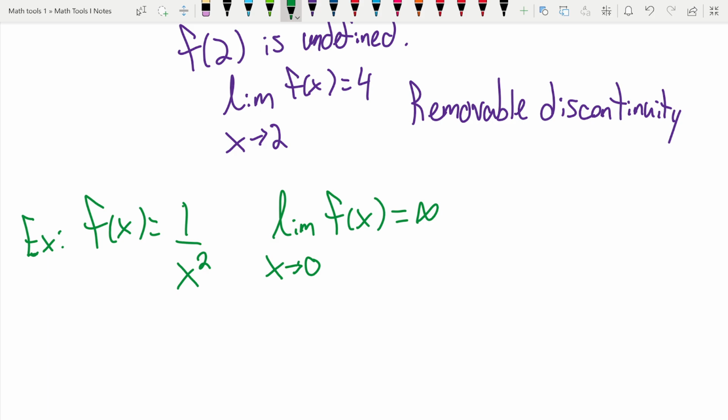And when we say the limit is equal to infinity, this means that it agrees on both sides, right? The left side limit is going to be infinity and the right side limit is going to be positive infinity, both going to the same infinity. So we'd write that it's equal to infinity, which means it does not exist, but this is going to be an infinite discontinuity, right? So basically this will happen when you approach the vertical asymptotes, right?